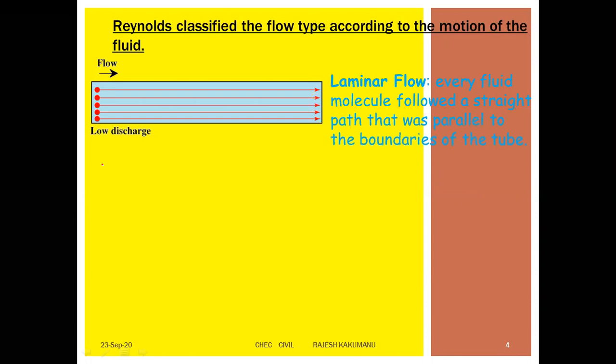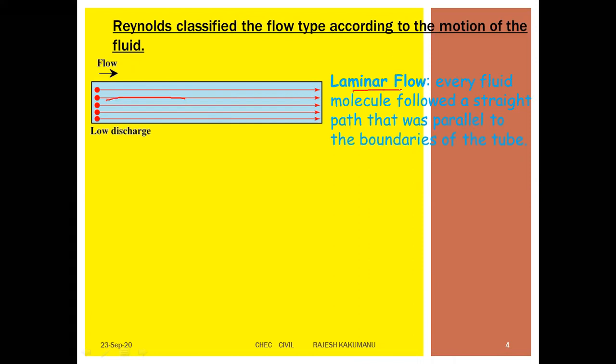Whenever we send a viscous fluid in a container with a low discharge, from top to bottom or horizontally through some mechanism, the water flows in a straight line fashion, without any disturbances. This type of flow is nothing but laminar flow.